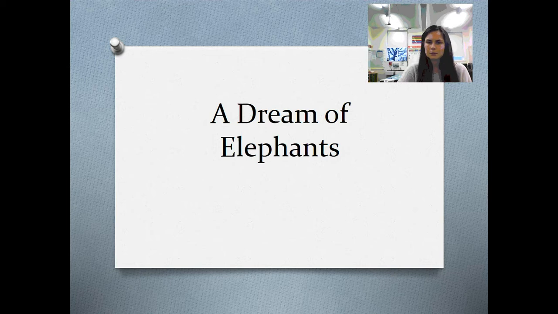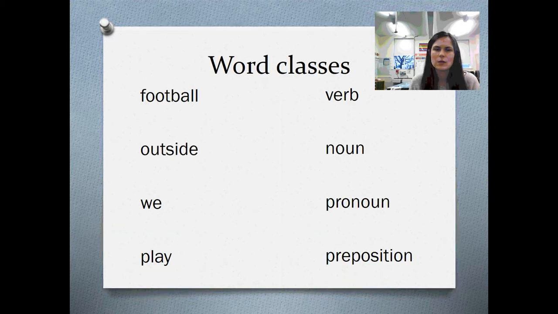So, in today's lesson, we're going to warm our brains up by matching some of these words to their word classes. So we've got football, outside, we, and play. So I want you to think now what word classes they match up to.